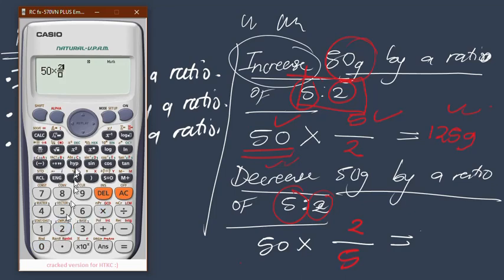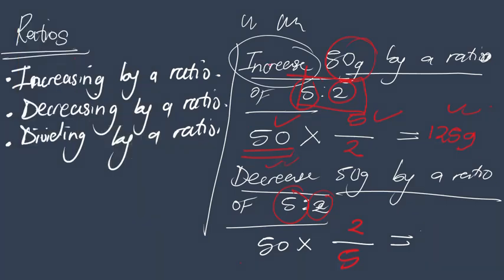On your numerator you have 2, on your denominator you have 5. Your answer is 20. What are we working with? Grams. So which means my answer is also supposed to have grams. Don't give me an answer without any SI units, guys. So that is that. Now let's move on to the questions, how you'd expect them. Oh, no, sorry. I have to divide by a ratio. I'll show you that just now.